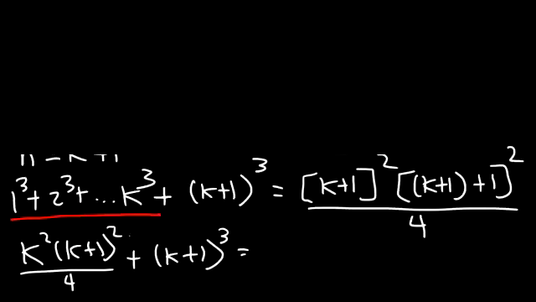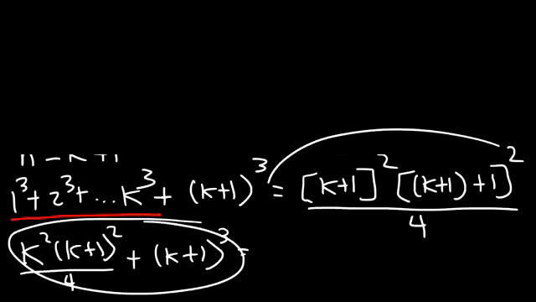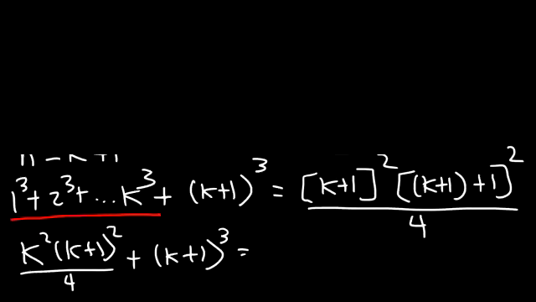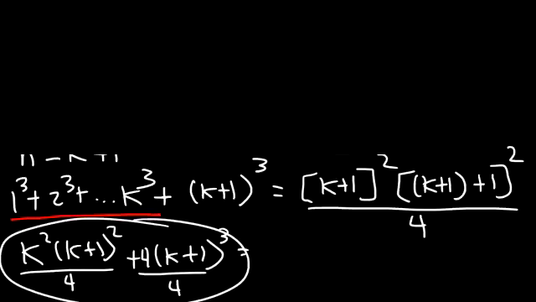So how can we show that this expression is equal to that expression? Well, the first thing I prefer to do is combine these two into a single fraction. So I'm going to multiply k plus 1 to the third power by 4 over 4. So now I can write these two as a single fraction.